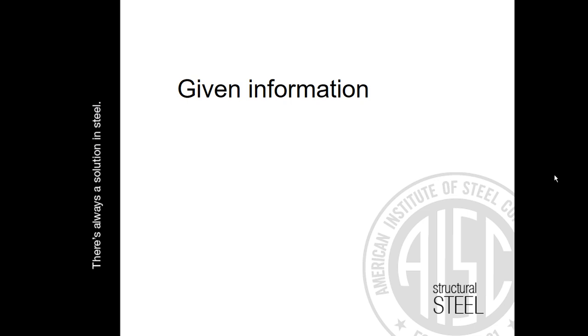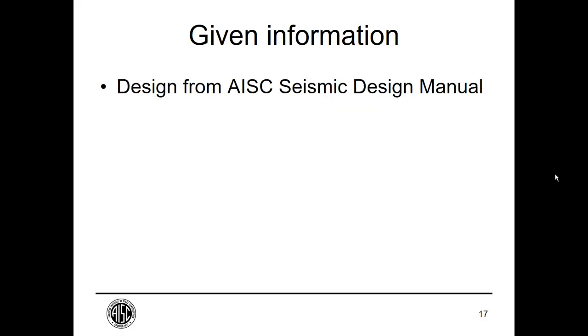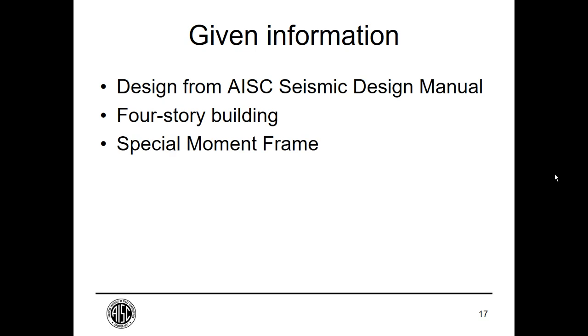So we'll proceed to the building that we have. We are taking the building from the AISC Seismic Design Manual, fairly consistent with how it's laid out there. It's a 4-story building. We will use a special moment frame in one direction, and that is very similar to what's done in examples 4.3 and 4.4 of that Seismic Design Manual.